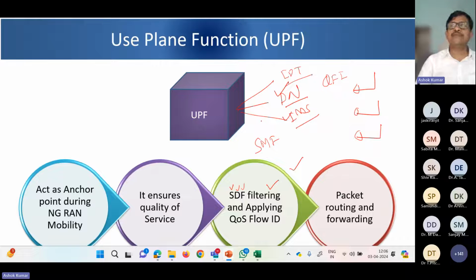So it's an interface towards outside the 5G network. These data networks are not part of the 5G network. They are outside the 5G network. These are services. So it acts as a gateway or interface. It is just like the PDN gateway of 4G as far as gateway function is concerned.